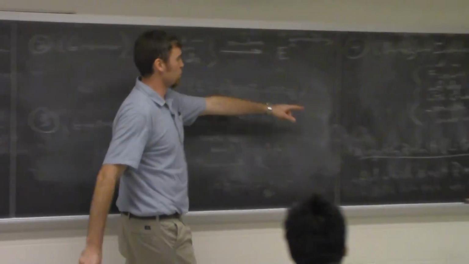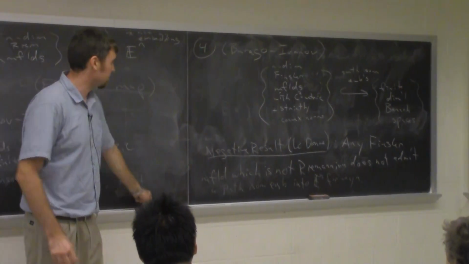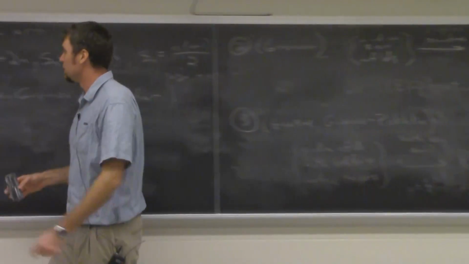So in particular, if the norm here doesn't give you an inner product, then you can't. It doesn't admit a path isometric embedding into Euclidean space.